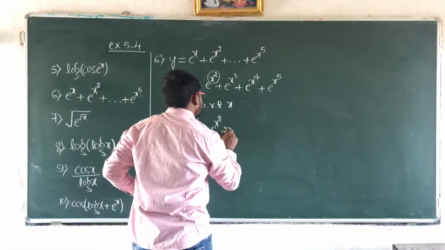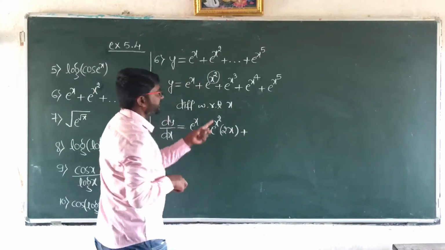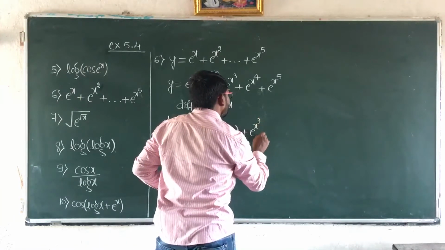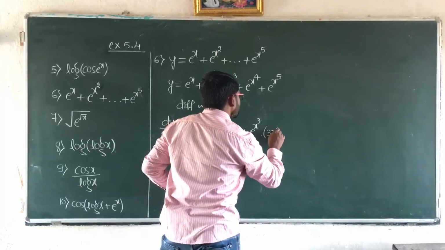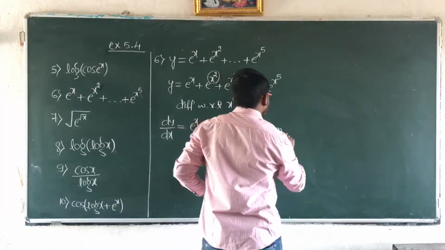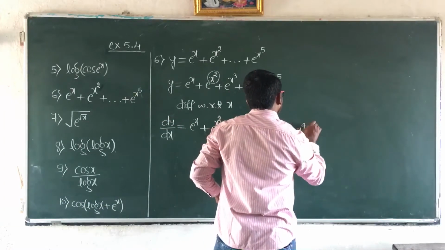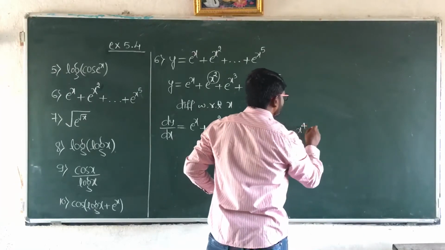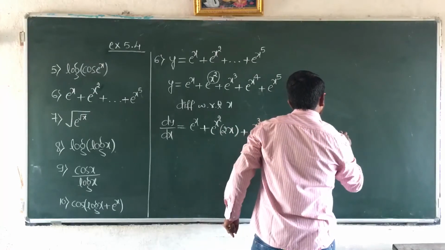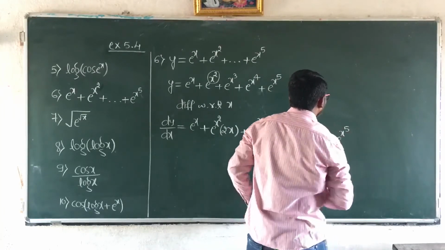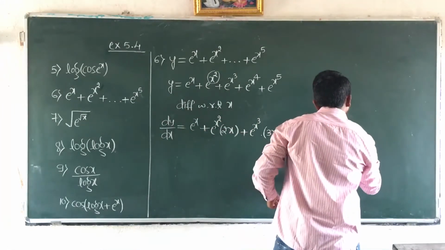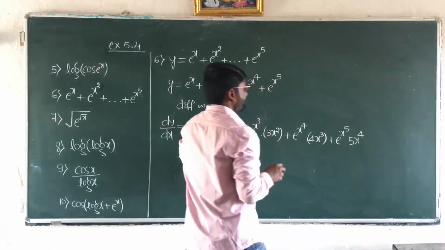It is 2x plus, similarly e raised to x cube derivative will be e raised to x cube into 3x square, into derivative of x cube will give us 3x square, plus e to the power x to the power 4 into derivative of x to the power 4 will give us 4x cube, plus e to the power x to the power 5 into derivative of x to the power 5 will give us 5 into x to the power 4.